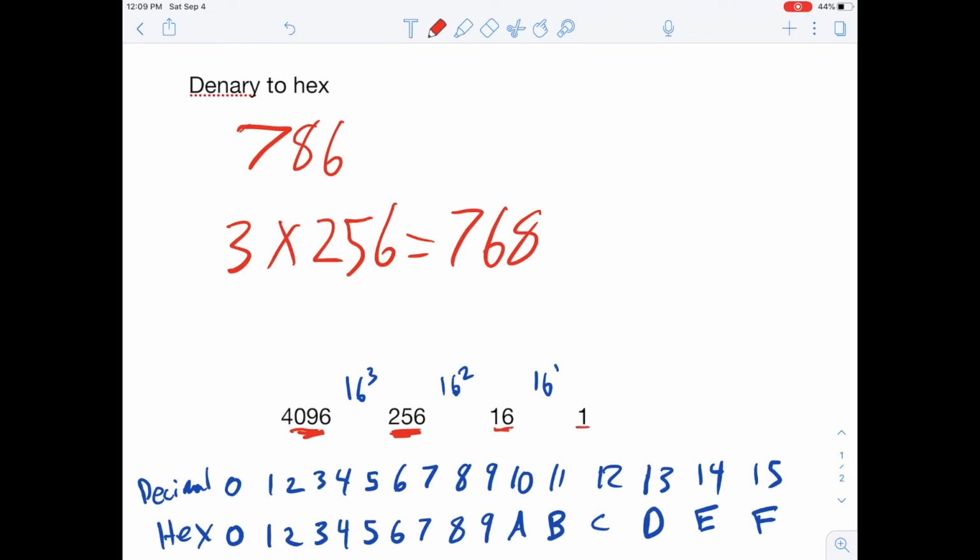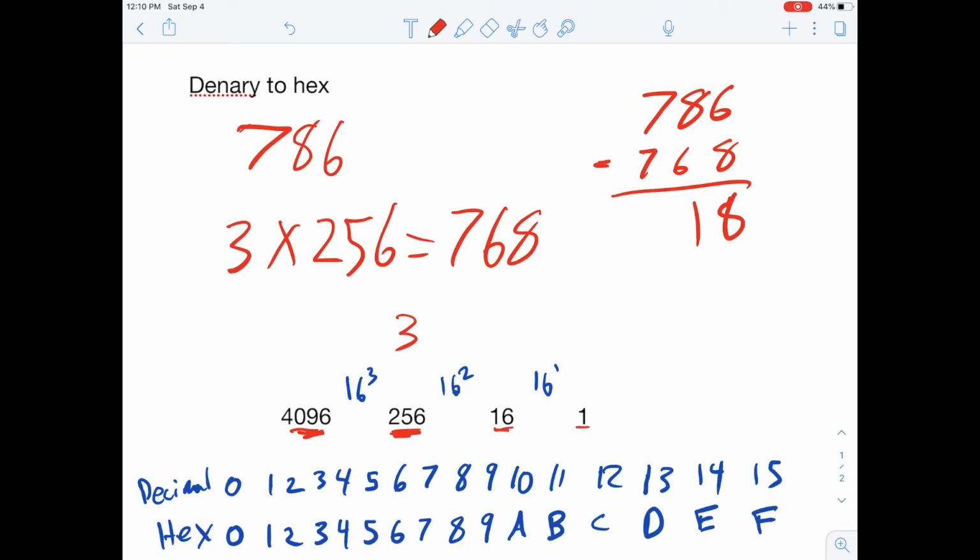So to figure out what's left over, I'm going to take 786, the number we're converting, and subtract what I took out of it, which is 768. So you know there's going to be a 3 in this column right here. So 786 minus 768 is equal to 18.